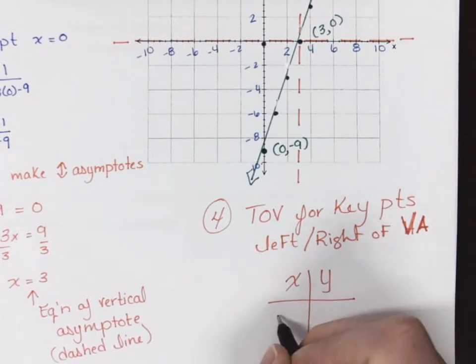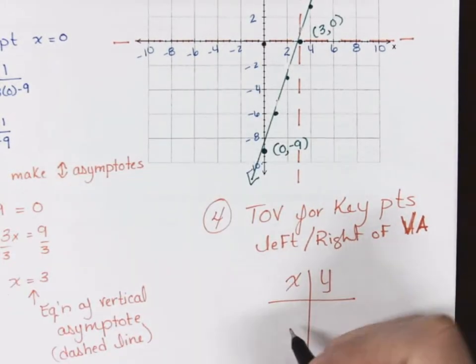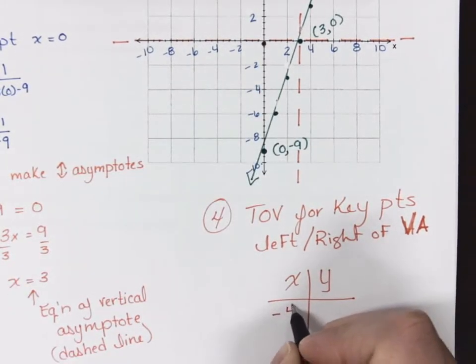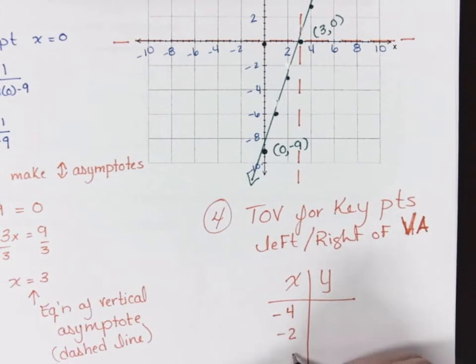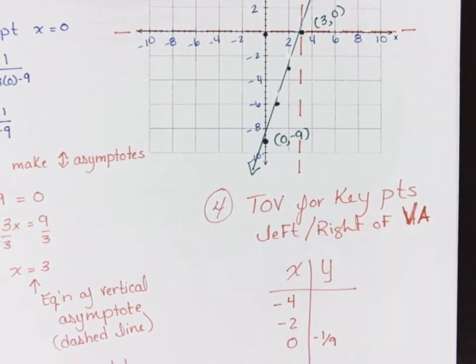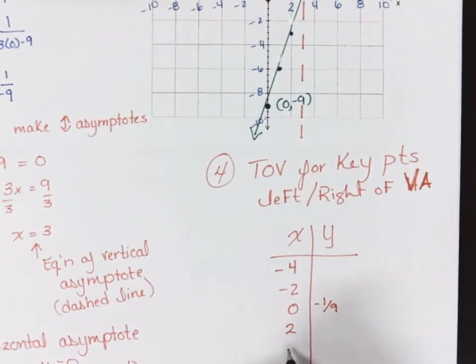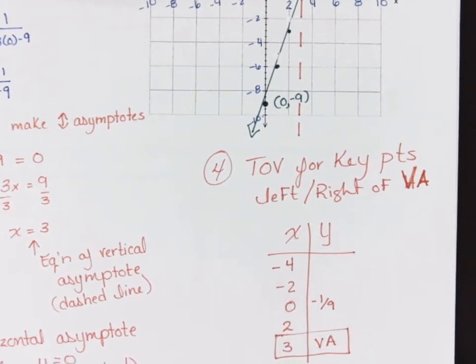So maybe we'll do, and we're going left first, so I'm going to do -4, -2. Ooh, we did 0 already. That was with -1/9. That's exciting. I did that one already. And I'm going to pick a +2. Because at 3, we have our vertical asymptote. I'm just going to write that into my table, kind of lock it in place.